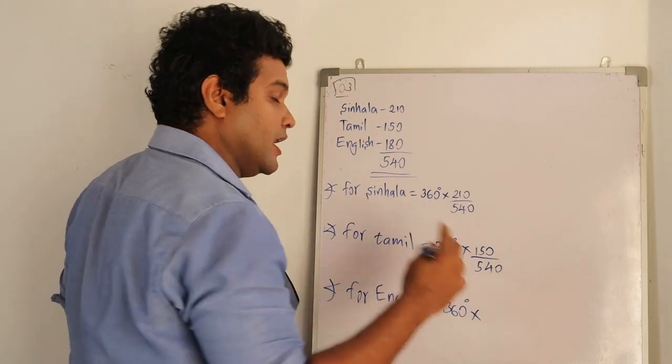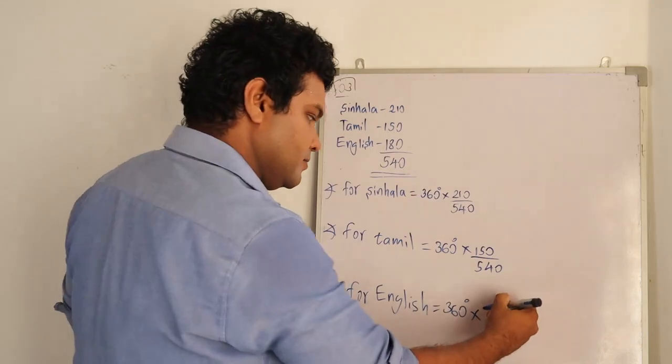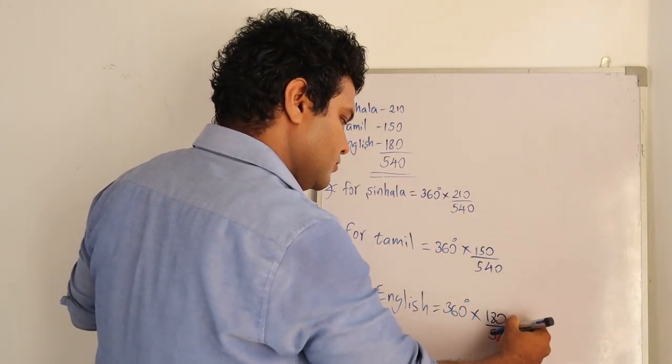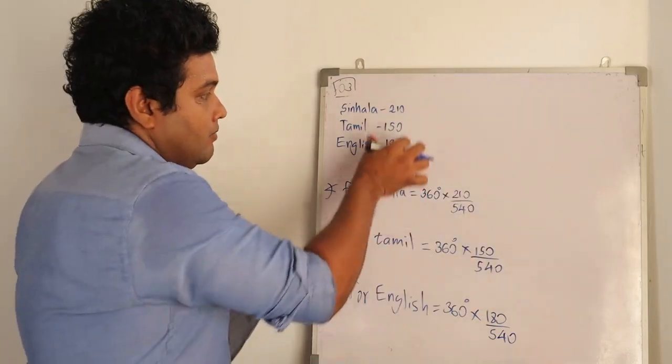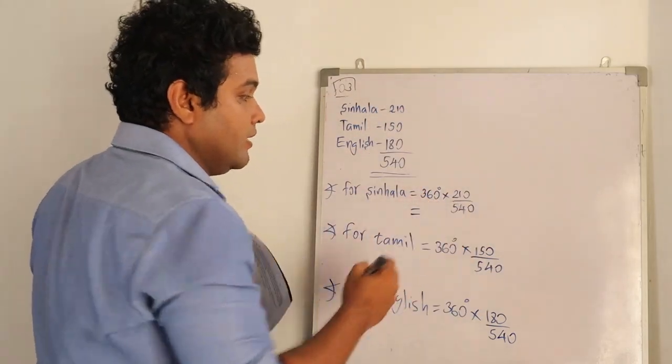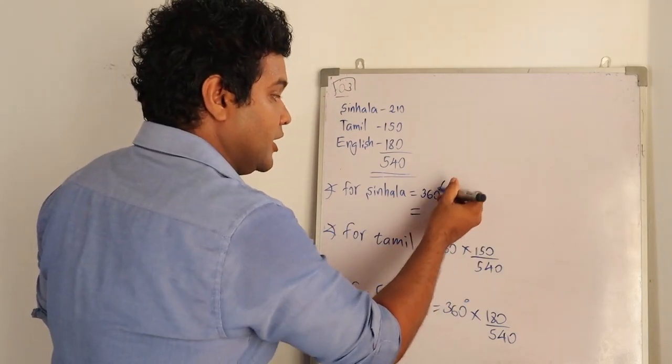We have to multiply by the relevant fraction. The relevant fraction is 180 over 540. Right, now we have written the three relevant categories. Then we have to simplify to find the real sector angles, and we can cancel 0 and 0.